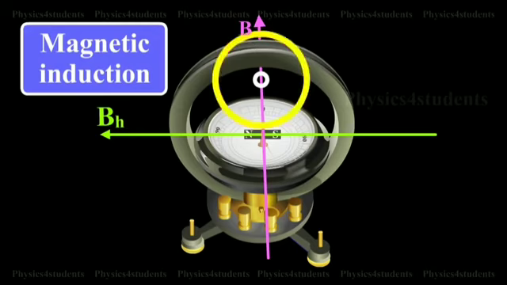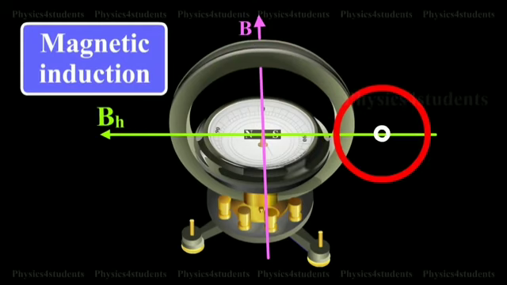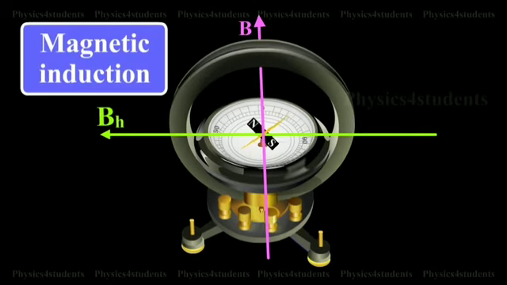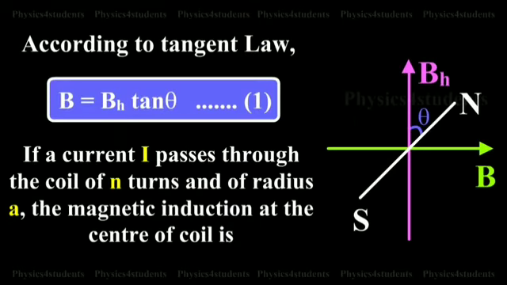The horizontal component of the magnetic field is BH. Because of these crossed fields, the pivoted magnetic needle deflects through an angle theta. According to the tangent law, B is equal to BH tan theta.